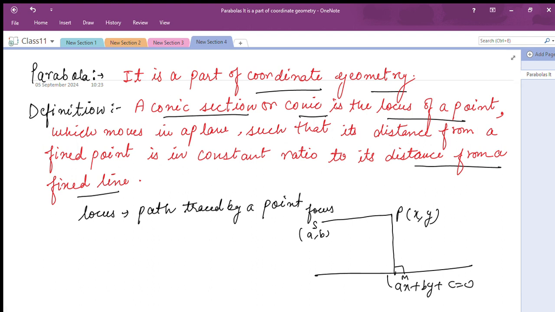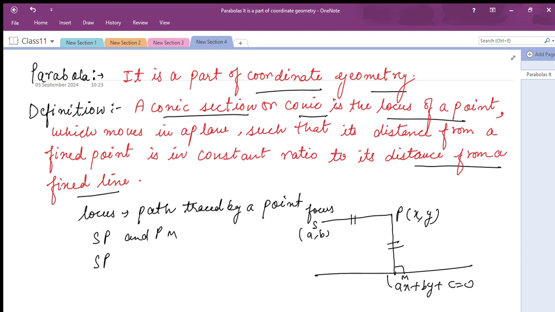So P is a moving point in such a way that its ratio of distance from a fixed point and from a fixed line is constant. This line is SP and this line is PM.